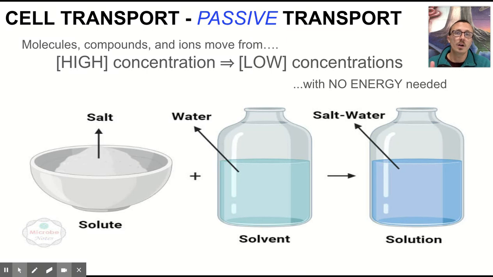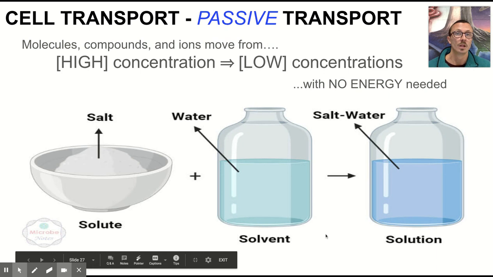And then we're probably also going to add tea or tea leaves, right? And so the compounds, the tannins and other compounds in the tea leaves will slowly dissolve into water. And so the tannins or the compounds in the tea leaves, those would be our solutes. And then the water, again, would be our solvent. And our final solution would be sweet tea, containing dissolved sugar as well as the compounds in the tea leaves.